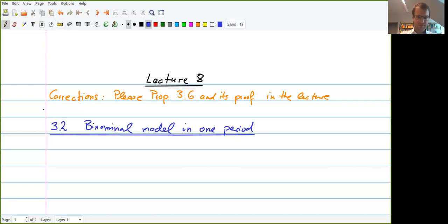So this model was mainly introduced and studied by Cox, Ross, and Rubinstein. This is why it's also called the CRR model.